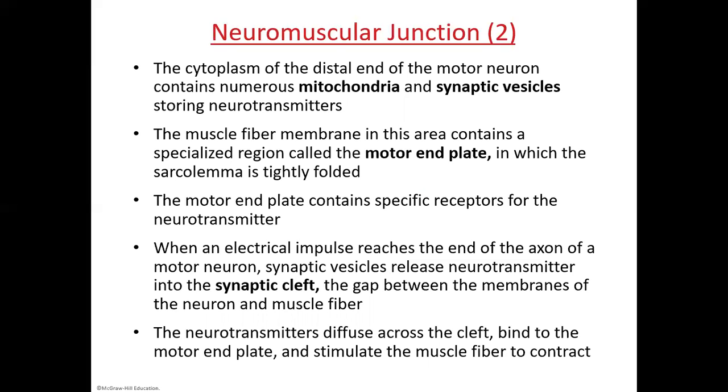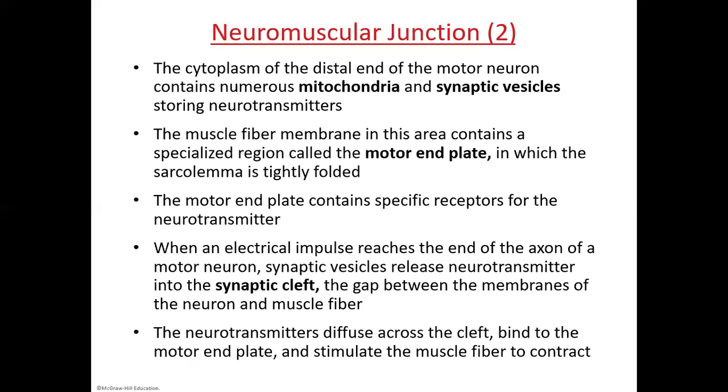This area where the end of the motor neuron makes this synapse is called the motor end plate. On that sarcolemma, there are specialized receptors. So there's special proteins that are shaped to match the acetylcholine. So they're there to just receive the message.